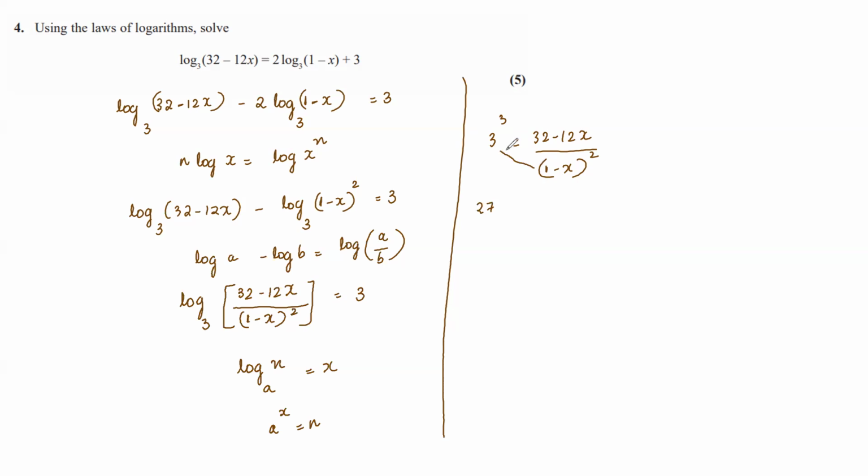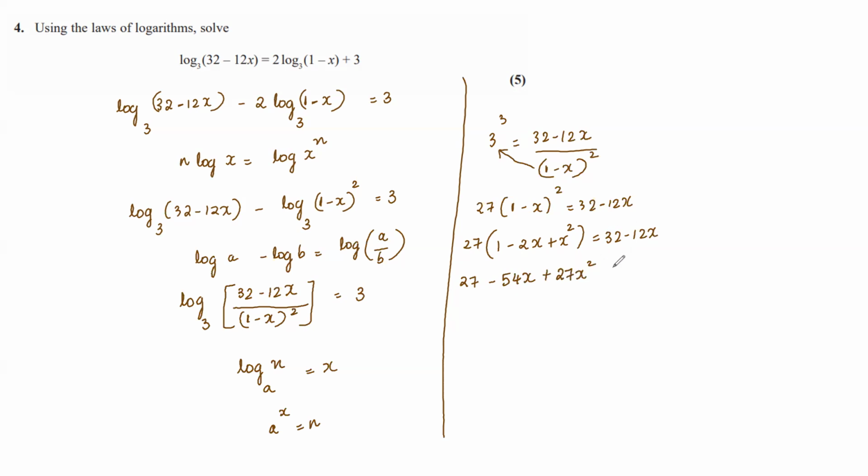When you cross multiply this, 27 into (1 minus x) the whole square is equal to 32 minus 12x. Let's just expand (1 minus x) the whole square. That will be 1 minus 2x plus x square. If you expand the bracket here, you will get 27 minus 54x plus 27x square.